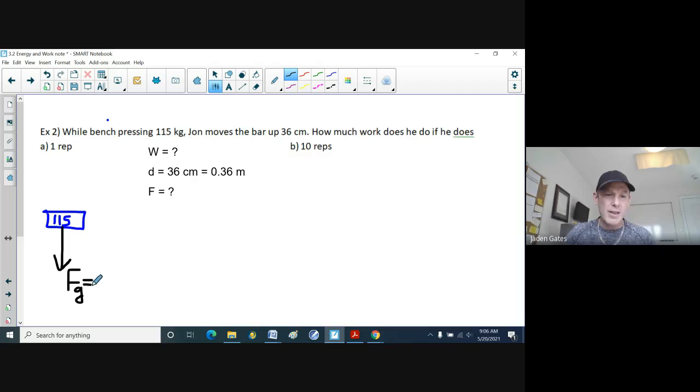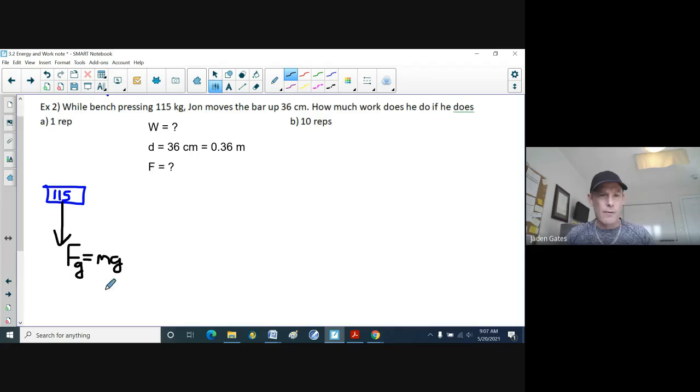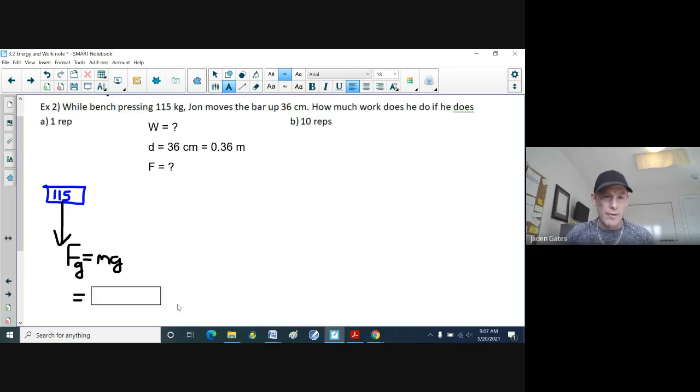And we can find that force by taking the mass times g, which again is our force of gravity. So if I take my mass, which is the 115 kilograms, and I multiply it by g, which is our acceleration due to gravity, 9.8, we end up with, let's see here, oh, I actually get a round number.